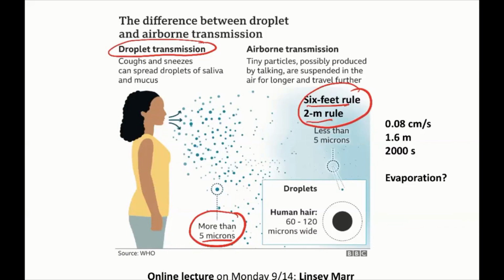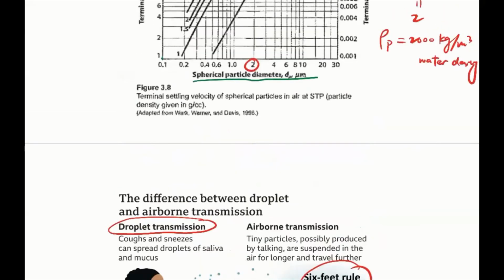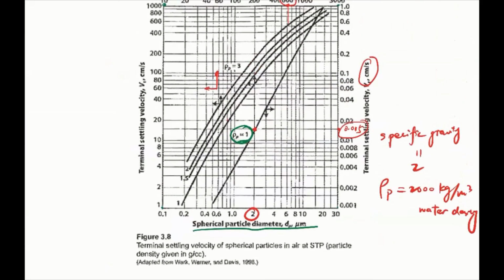So now we can know the settling velocity. Let's say if someone sneezes or speaks, what is the settling velocity of these 5 micron particles, right? By using this plot, you can see that the settling velocity for 5 micron is somewhere around 0.08 centimeter per second.